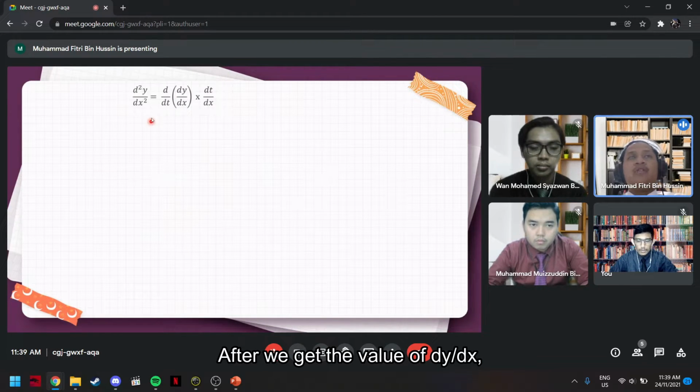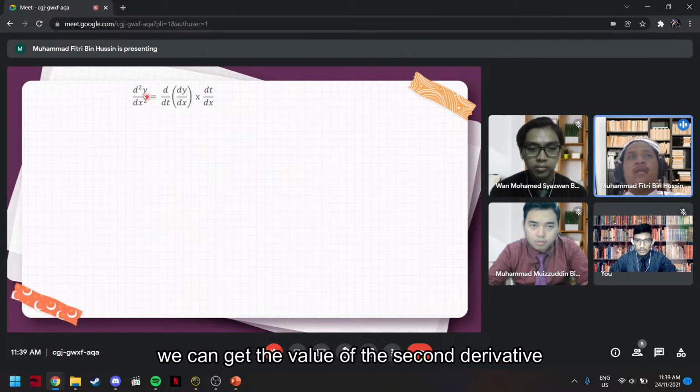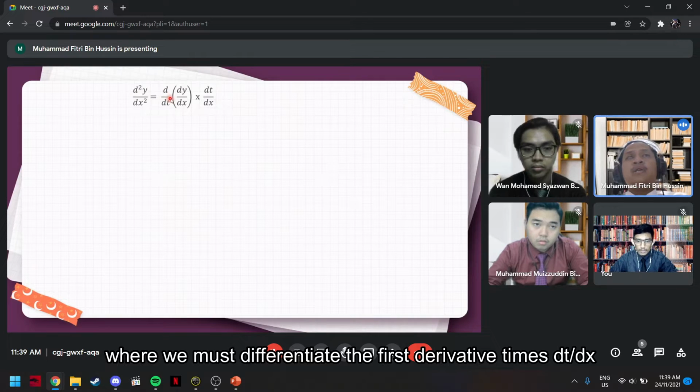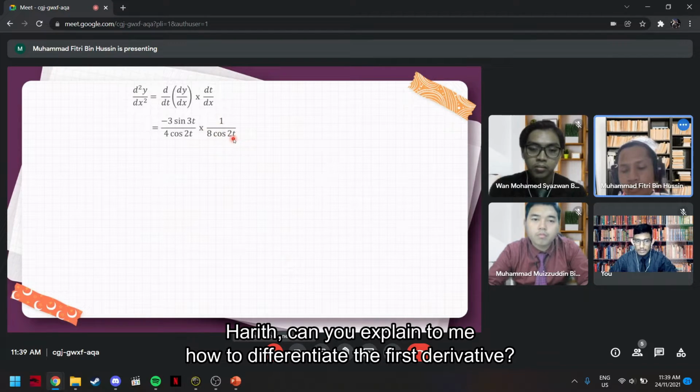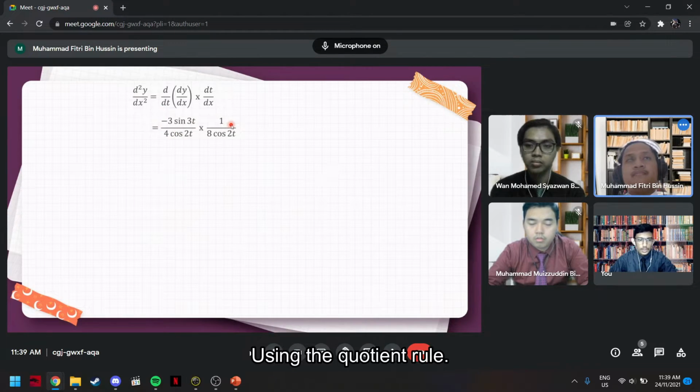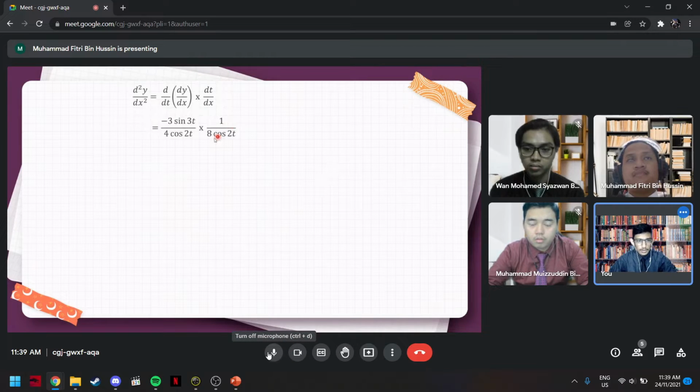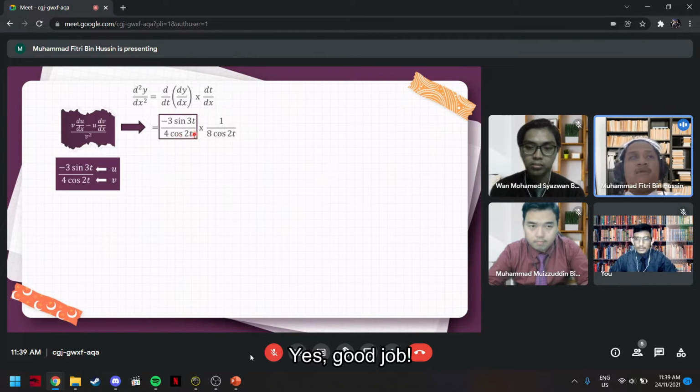After we get dy/dx, we can get the second derivative, where we must differentiate the first derivative times dt/dx: negative 3 sin 3t over 4 cos 2t times 1 over 8 cos 2t. Harid, can you explain to me how to differentiate the first derivative? Using the quotient rule. Yes, good job.